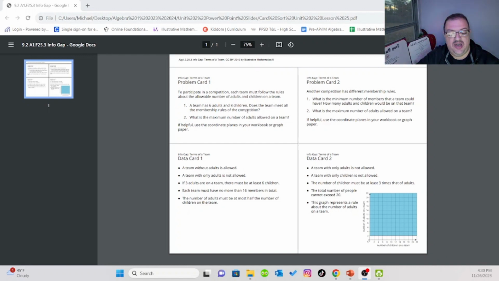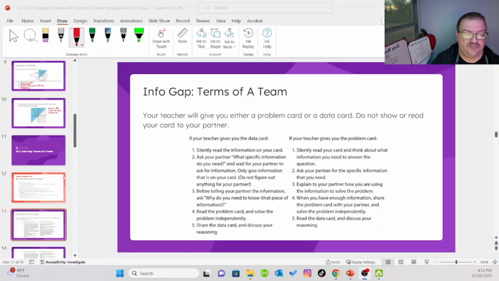We cannot go any higher than that, so the maximum number of adults on the team would be 5 adults, because then we would have 15 children and a total of 20 people. So 5 adults is the answer.